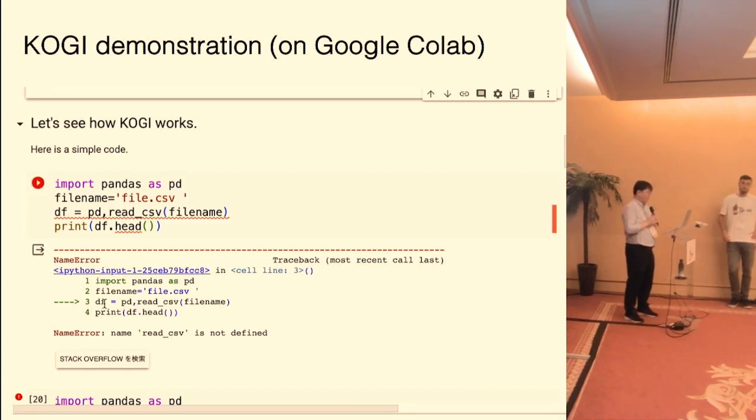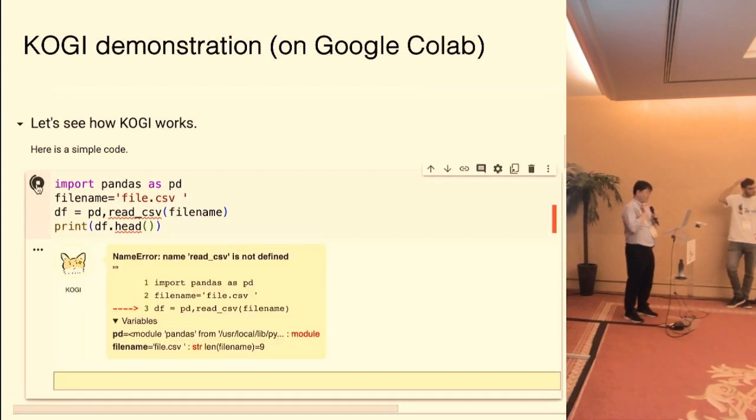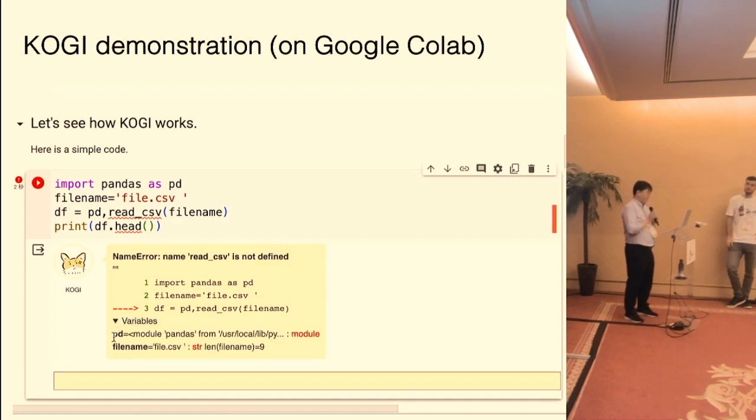So here's a simple code, but an error happens. Once KOGI is installed, KOGI responds to the error. KOGI also helps by displaying the variables and fixing the code for students.